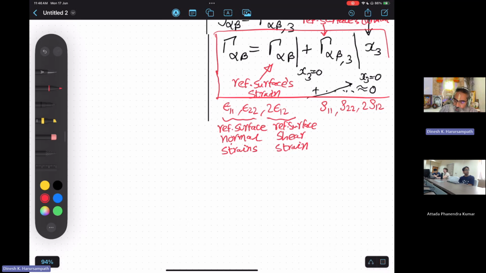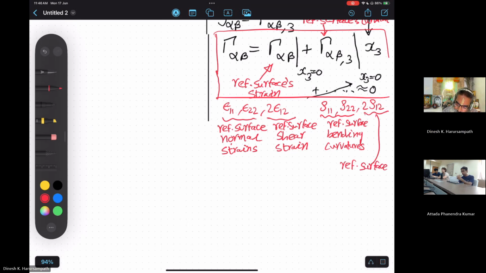So it's in surface, right? On the other hand, these two are the reference surface bending curvatures, while this is the reference surface torsional curvature.